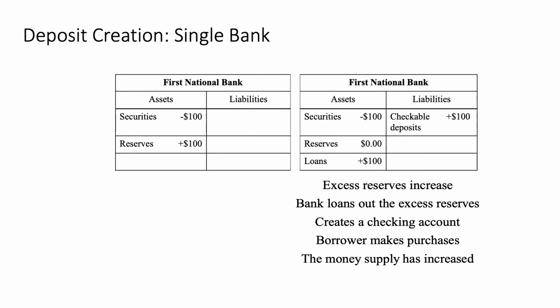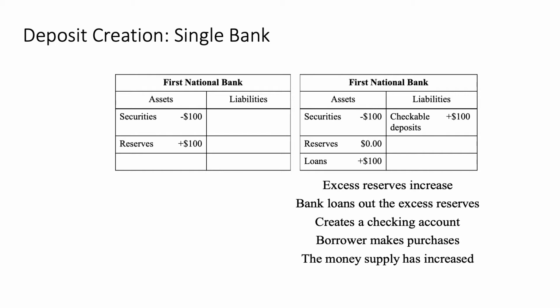Let's just start with the phenomenon of deposit creation, and here we're looking at an individual bank. This bank is going to go through basically two stages that are designed to highlight how a checkable deposit is created, right? In the first panel, off to the left, there's been an open market operation, in fact, an open market purchase, by the Federal Reserve of this bank.